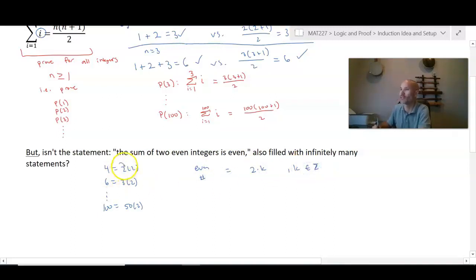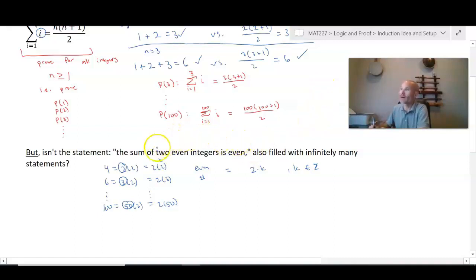That integer is different, because it depends on what even number you're talking about. Probably should have written this as 2 times 2, and then 2 times 3, and 2 times 50. You can see that the value of k is going to be different from one even integer to the next.